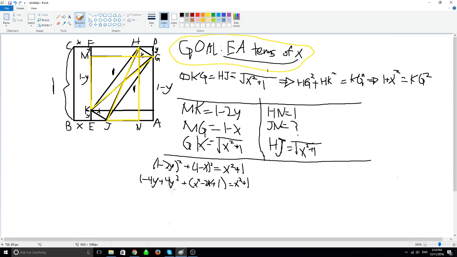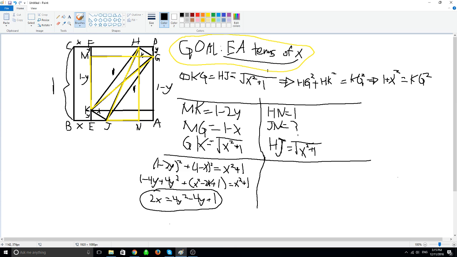Now we can simplify that even further. So we have 2x equal to 4y squared minus 4y plus 1. This is pretty much as simple as we can get so far with this equation right here. So now we have another equation involving the x squared plus 1 with this triangle right over here.